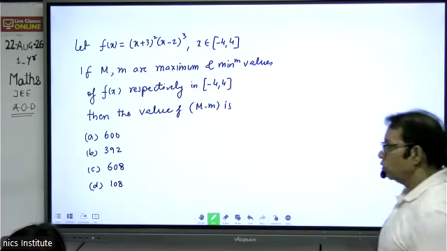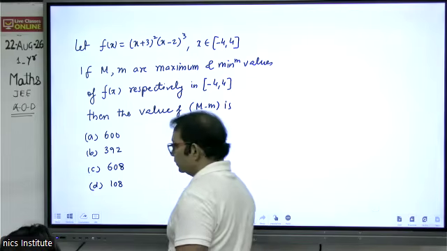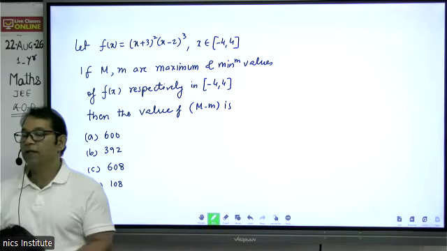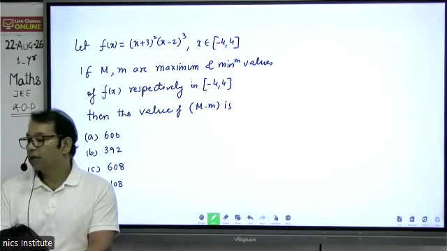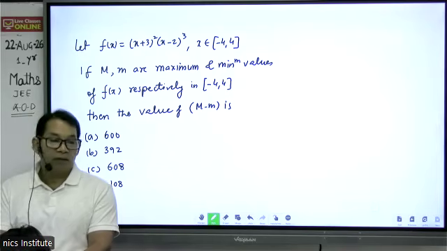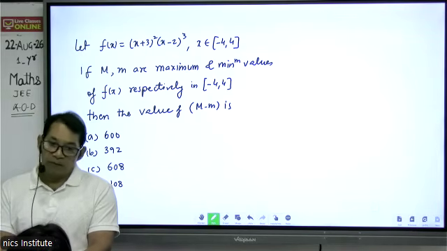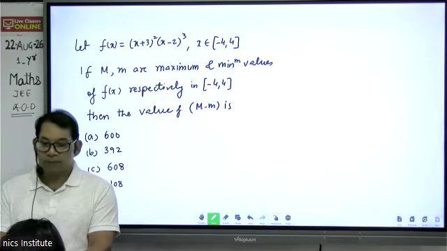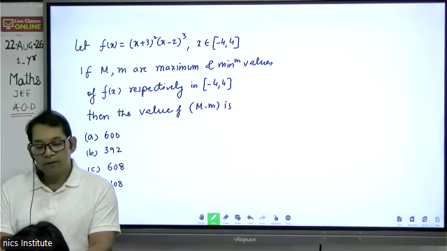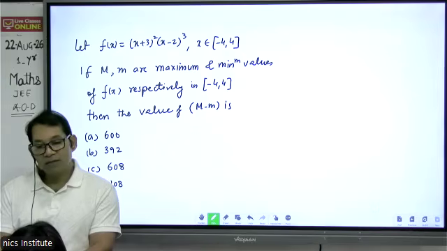This is a question of absolute maximum minimum values. Differentiate, equate to 0, find critical points lying in the interval, and then find absolute maximum minimum. Interval, there's no need of interval. So simply get the points.